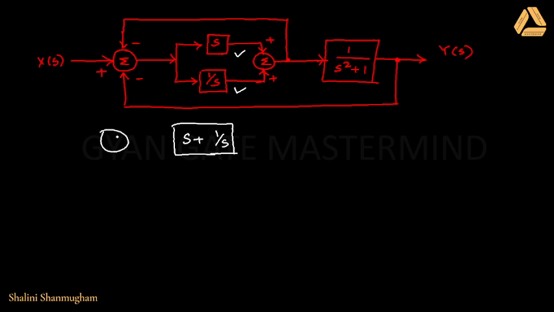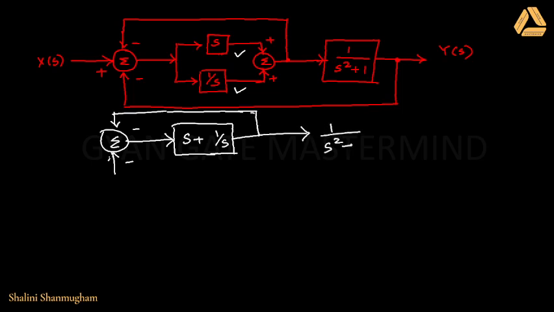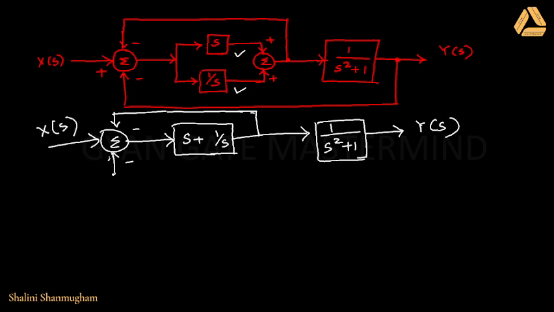So the simplified block diagram is, which gives the output Y of s, and this is X of s, and this one is from the branch point here.